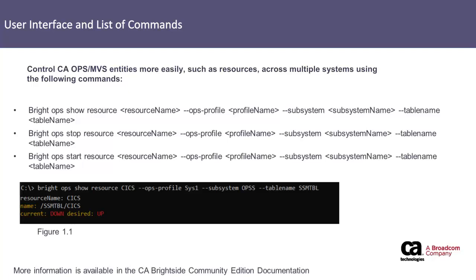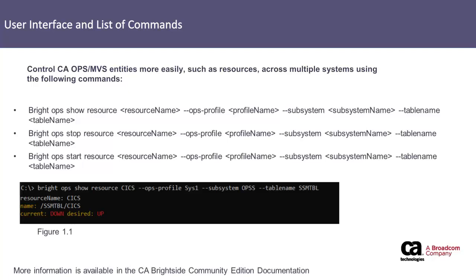Moreover, if a subsystem is not specified, the command will seek a subsystem name in the profile. And if it is not found, the command will use the default subsystem specified in Ops Web Services. Finally, if the table name is not specified, the command will seek the provided resource in every SSM table associated with the subsystem.